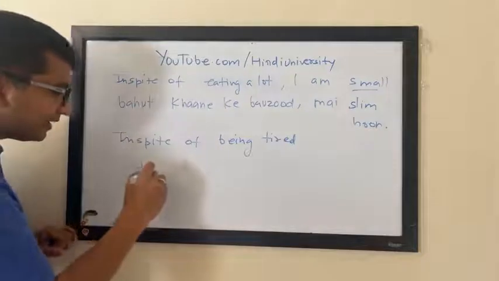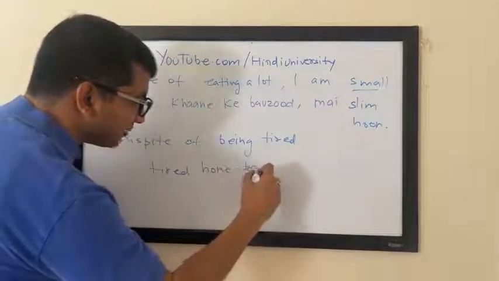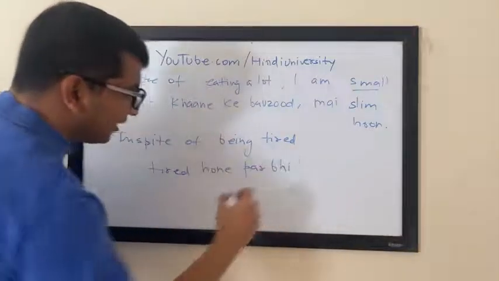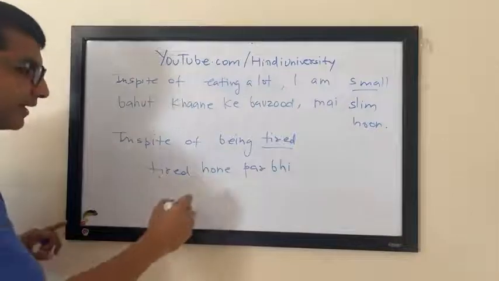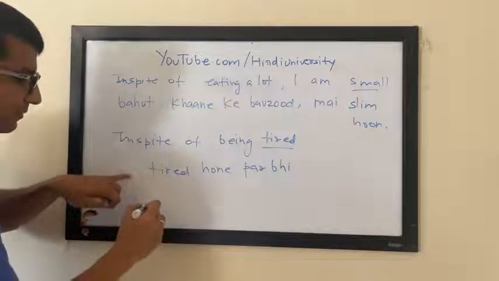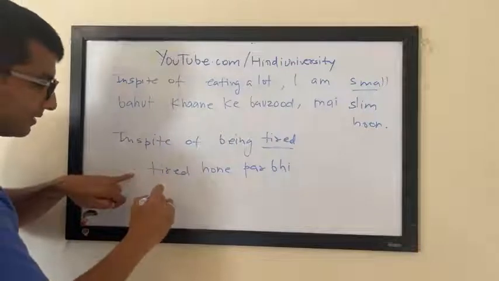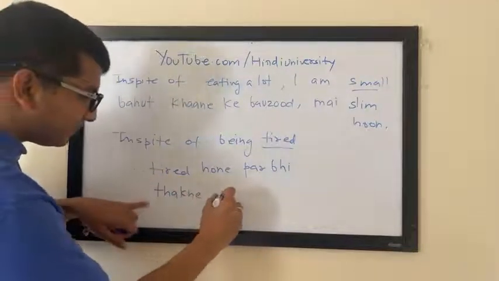You said tired hone par bhi. That's what you said, right? Tired hone par bhi, because this was not coming immediately to your mind. Okay. Anyone else would like to try? I think someone was saying the word थकने.